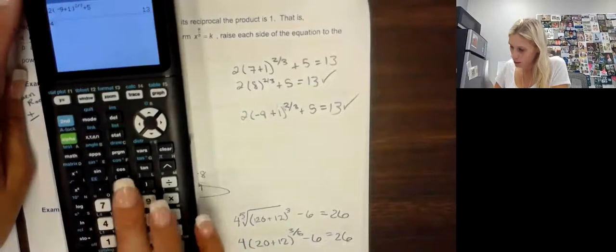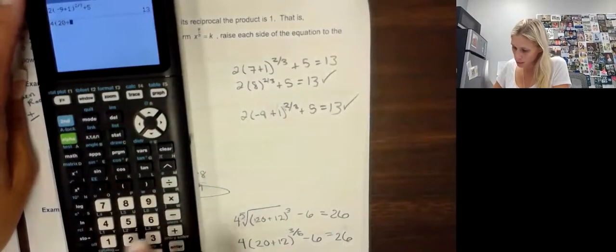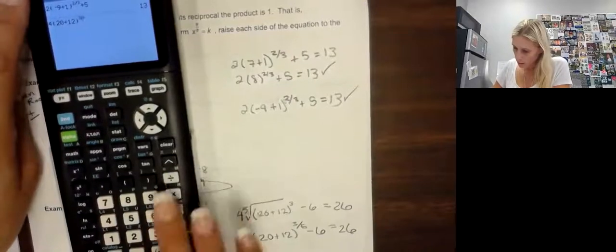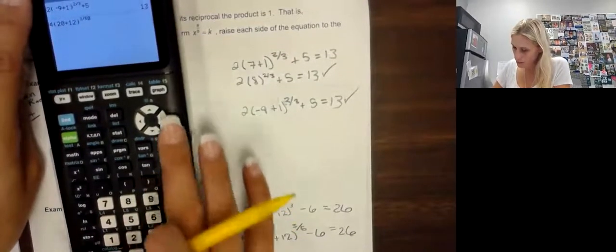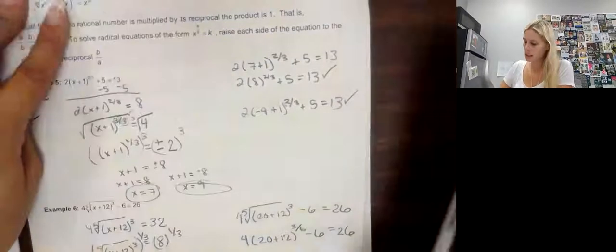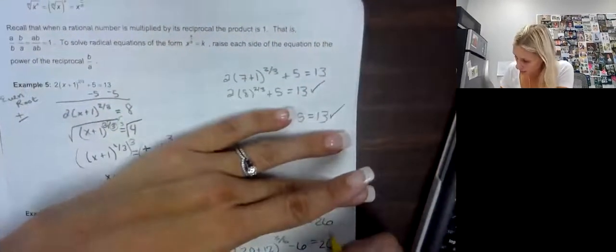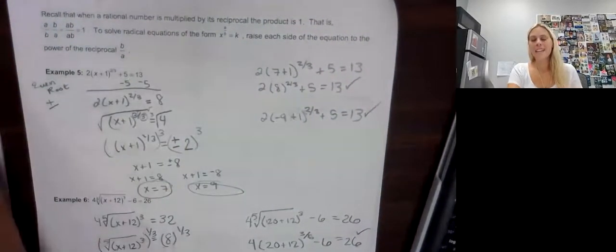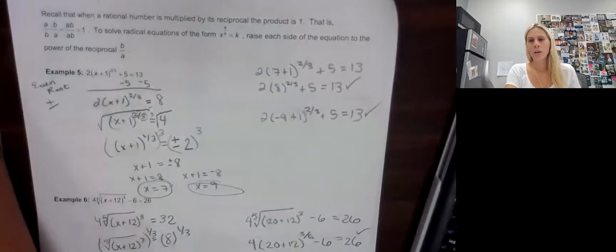So let's check that now. 4 times 20 plus 12 to the 3/5 minus 6, and that equals 26. So we are good to go. x equals 20 is our answer. All right, let's see how you're going to do. Remember to check your answers.